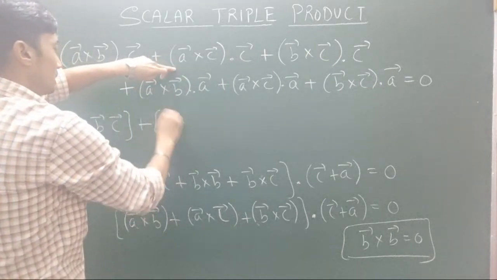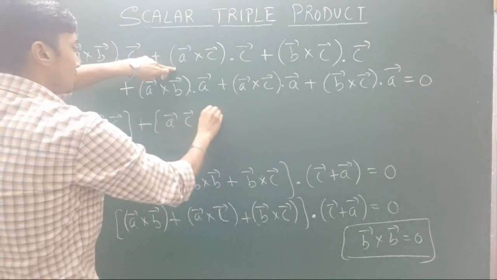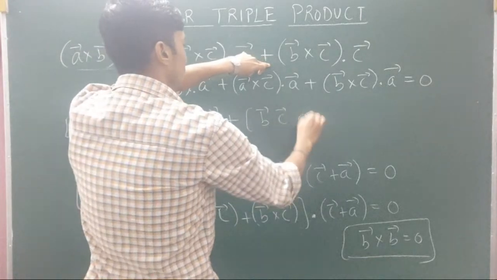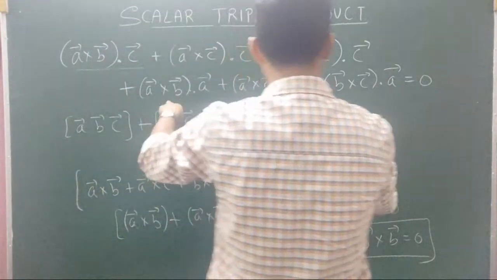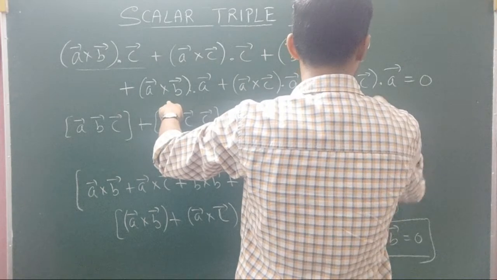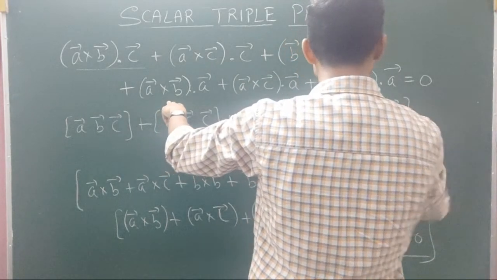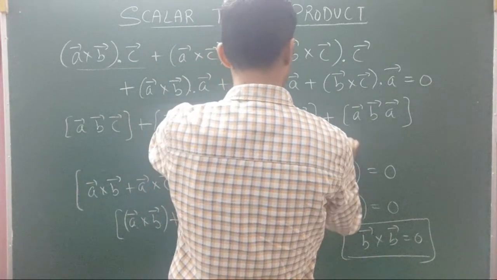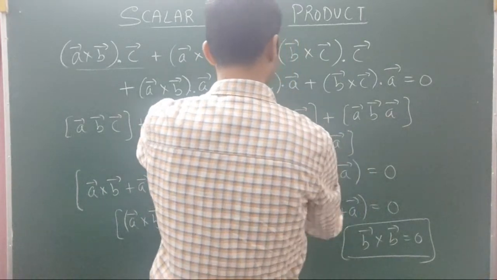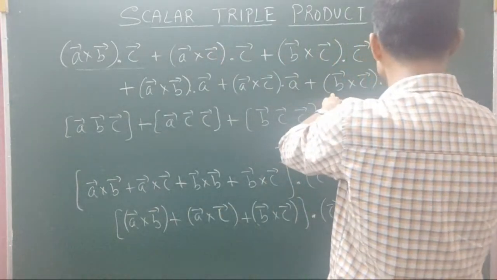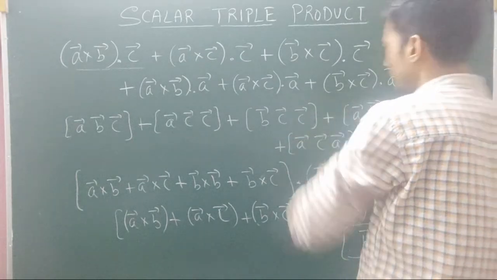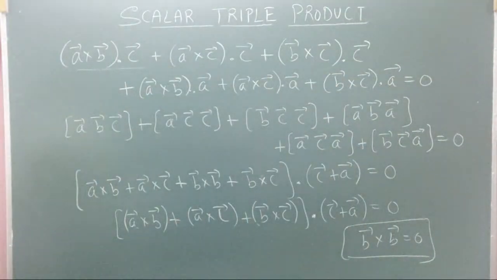This is [A, C, C] plus this is [B, C, C] plus [A, B, A] plus [A, C, A] plus [B, C, A] equal to 0. Just arranging back to the standard form of scalar triple product.